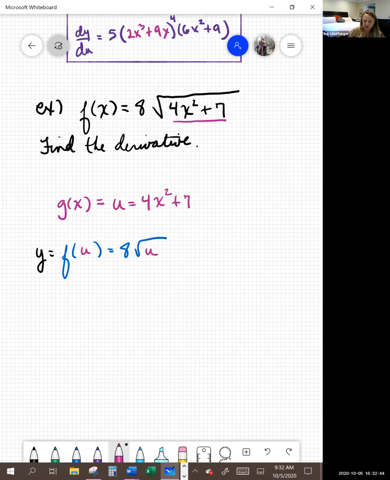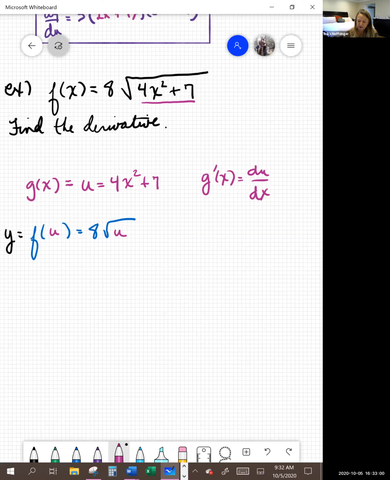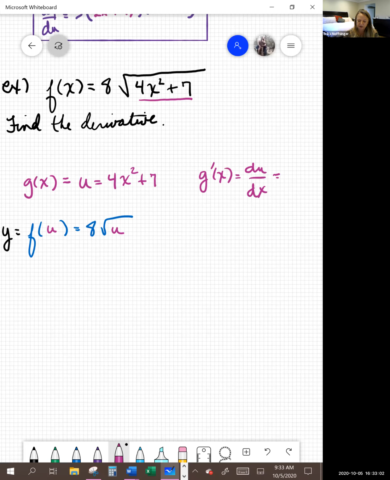So the derivative of g of x, du dx, is equal to, well, 4x squared, the derivative of that is 8x, and the derivative of 7, the constant, is 0.